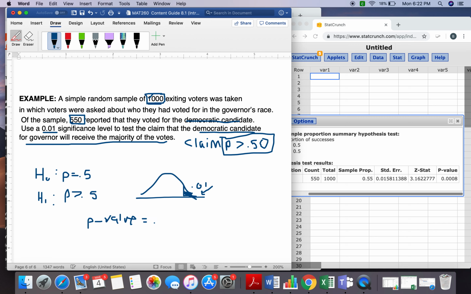So our p-value is 0.0008. And this is less than 0.01. So because our p is less than alpha, we reject the null.